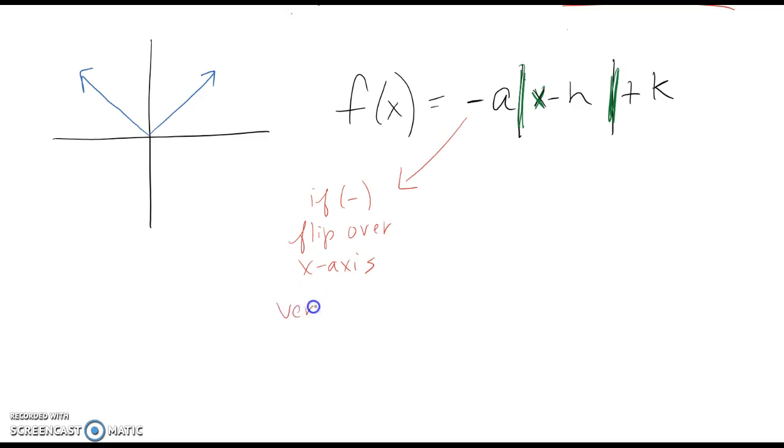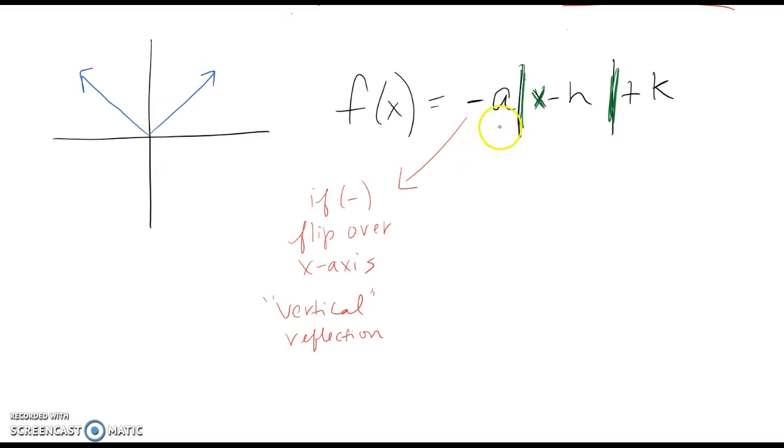A vertical reflection. And we use the word vertical because we're flipping it upside down. So if you imagine it flipping over the x-axis, it does. It turns upside down. Okay, so it's a vertical reflection. That's if that negative is there.